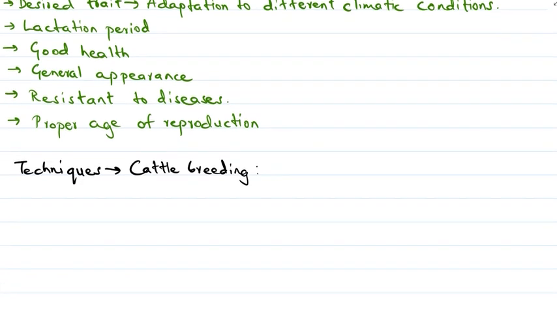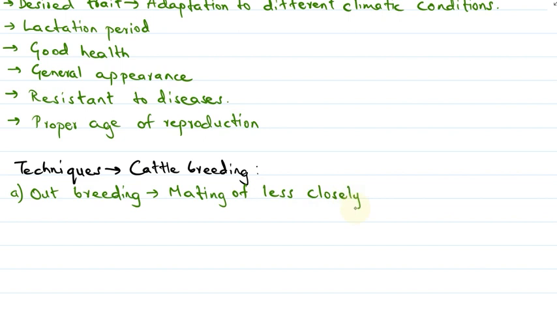So one is outbreeding. Okay, so what is outbreeding? Outbreeding is the mating of less closely related or unrelated animals.